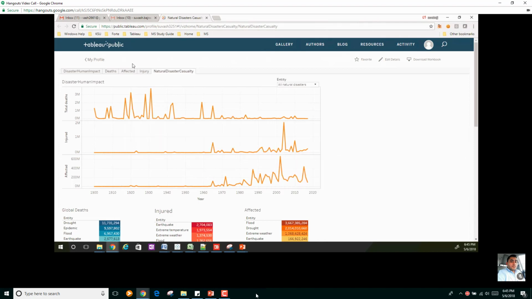So in 1920, 1930, we had a higher number of deaths. That's 3.7 million deaths in that year. Very less infected and affected. So as you can see here, in the 1900s, before that time, right there, 1950s and 60s, there were a lot of casualties, a lot of deaths from natural disasters.